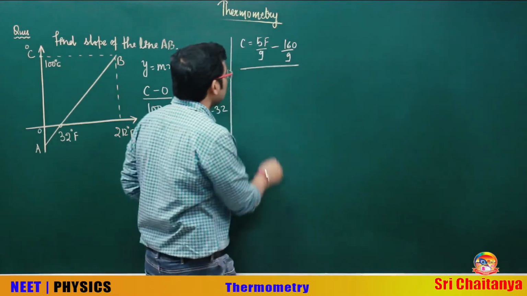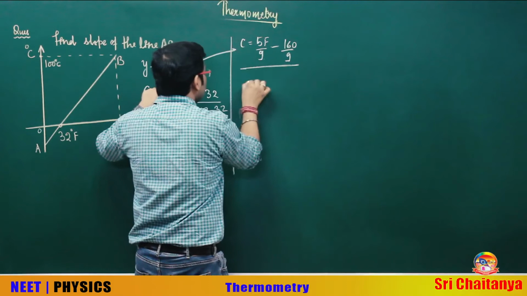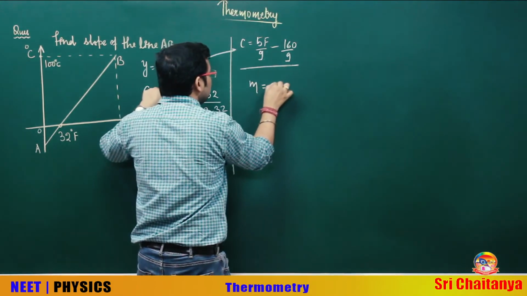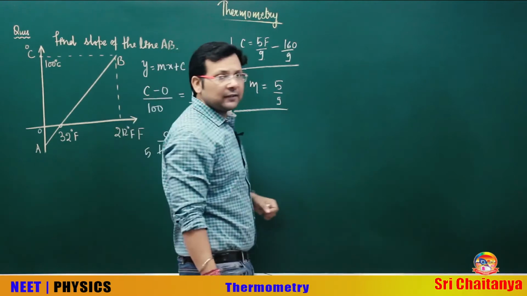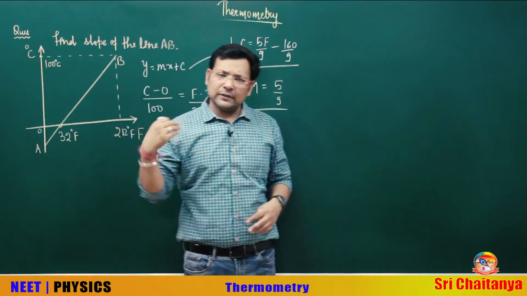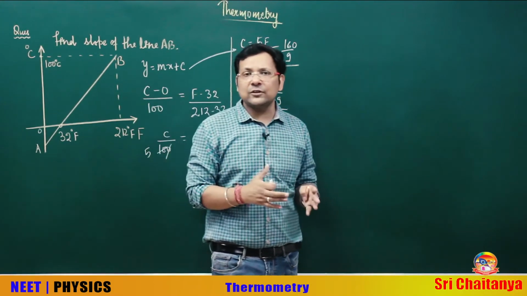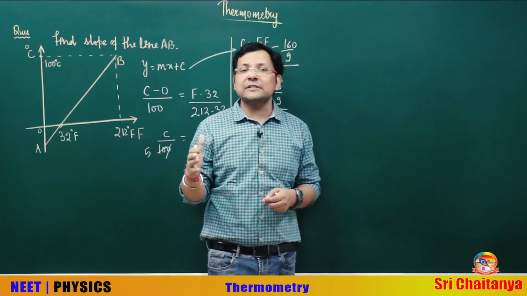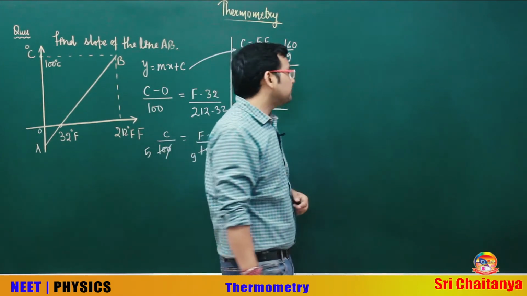Now if you compare this with mx plus c, we can get that the slope m is 5 by 9. So in this way, the graph can be of any temperature scale, Rankine, Reaumur, or Kelvin, Celsius, Fahrenheit. And by writing the relation, you can see the power of every temperature scale, there is 1. So obviously the graph will be a straight line, and we can solve like that.